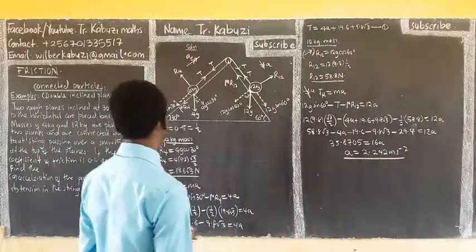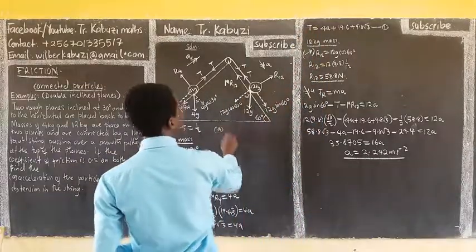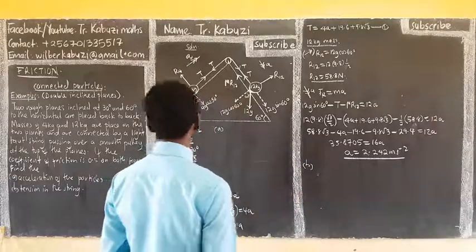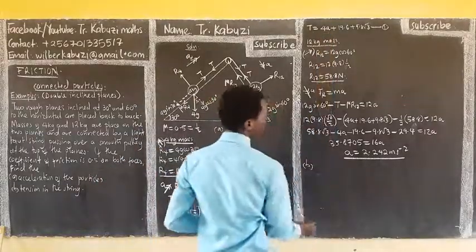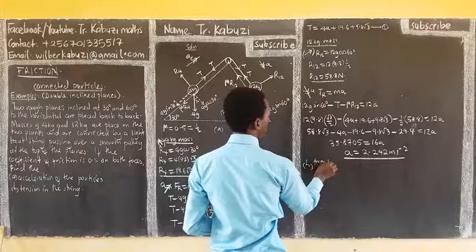After getting the acceleration, that was part A. Then for part B, they want us to get the tension. Where are we going to get our tension from? From equation 1.